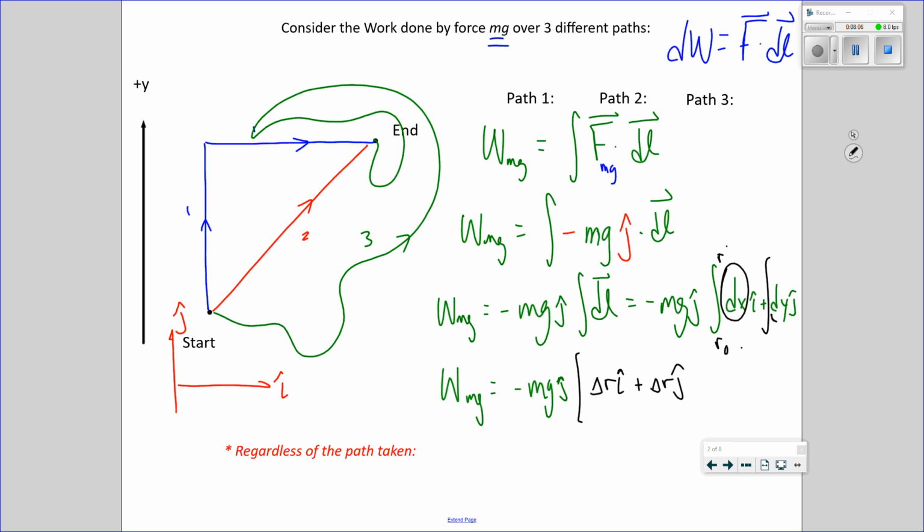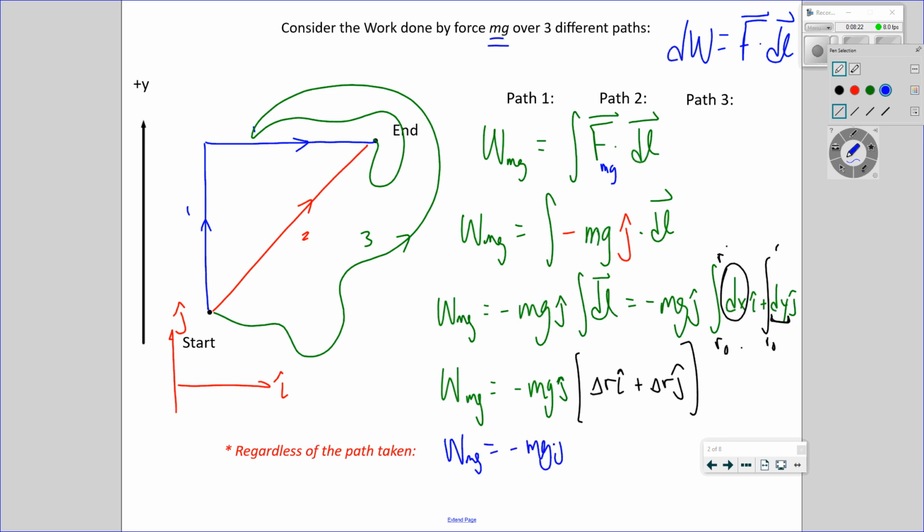This is delta y, or it's just really y evaluated from r0 to r. So it's more appropriate to call these a delta x in the i hat and a delta y in the j hat.